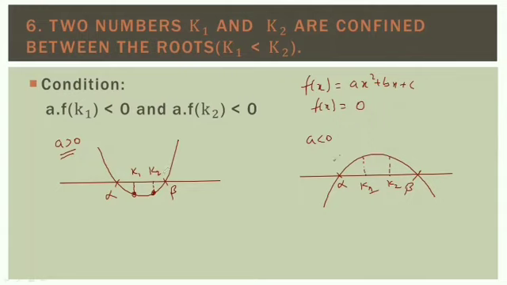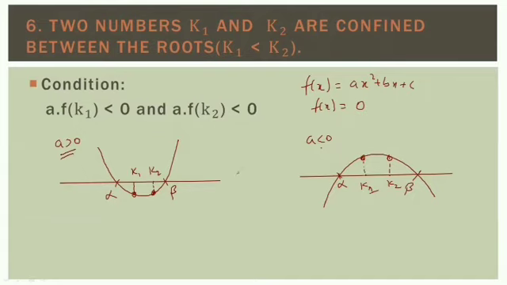Let's see if this pattern follows in the second case. f of k1 is positive, a is negative. That's cool. f of k2 is positive and a is negative. That's perfect. That means the same pattern follows for those two graphs.